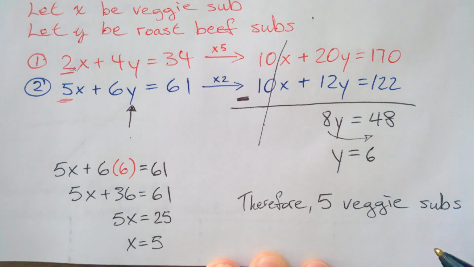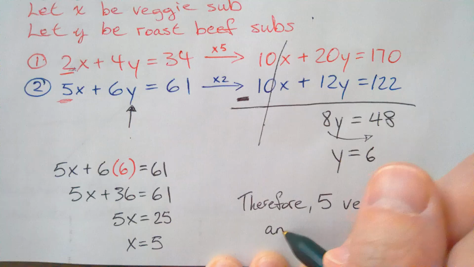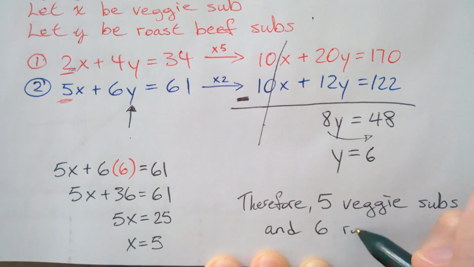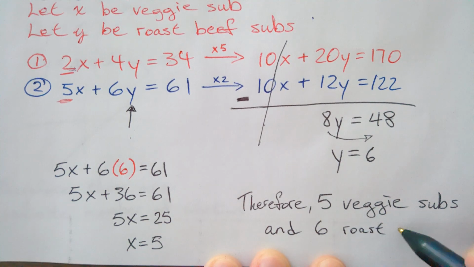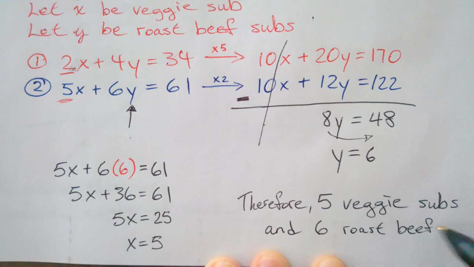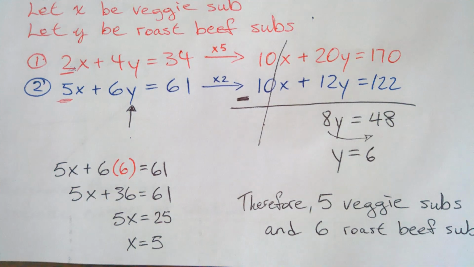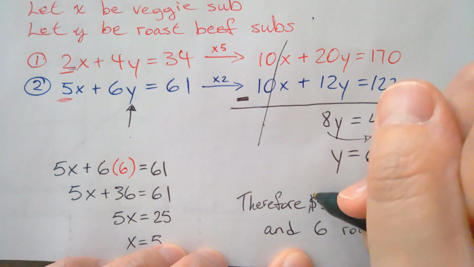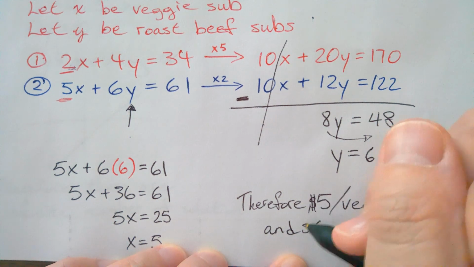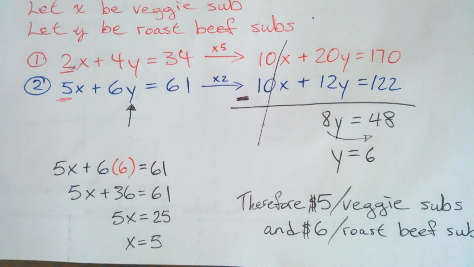No, not $5. It is 5 veggie subs and 6 roast beef subs. Therefore, it is $5 per veggie sub and $6 per roast beef sub.